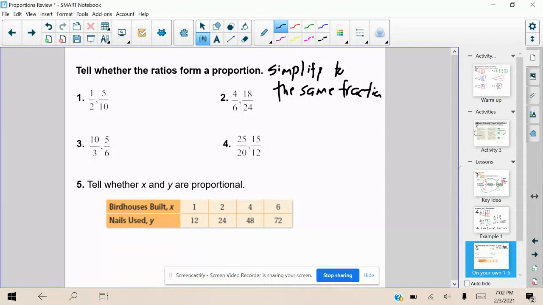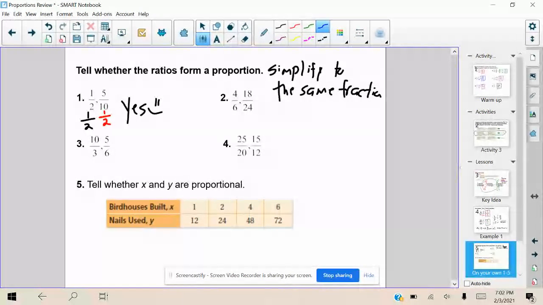All right, if you listen to my voice, I mean you've tried out 1, 2, 3, and 4, and we are going to do 5 together. So 1, 2, 3, and 4. Let's see, can we simplify both fractions to be the same? Well, 5 over 10 can turn into 1 over 2. Is 1 over 2 the same as 1 over 2? Yes, it is. Let's go to number 2, 4 over 6 and 18 over 24.